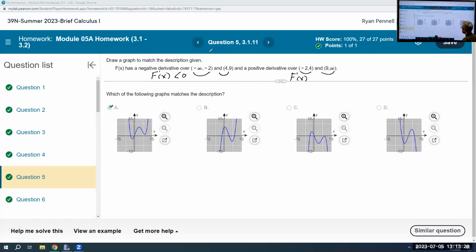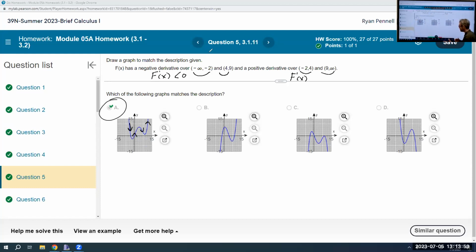We have 4 intervals we have to deal with. See which one I chose. Why did I choose it? From negative infinity to -2, we are going downward. And then also from 4 to 9, we are going downward. From -2 to 4, we are going upward.